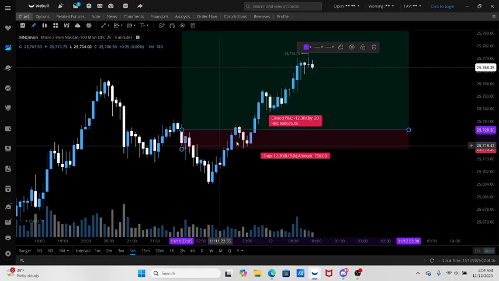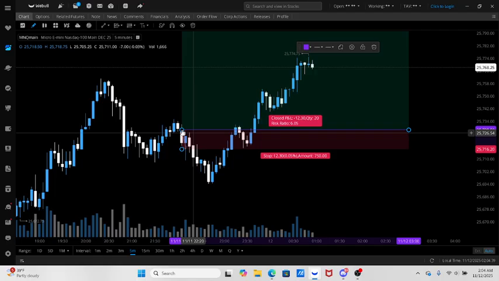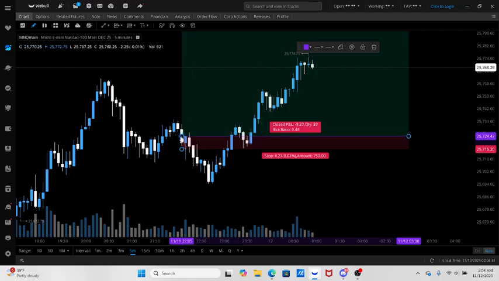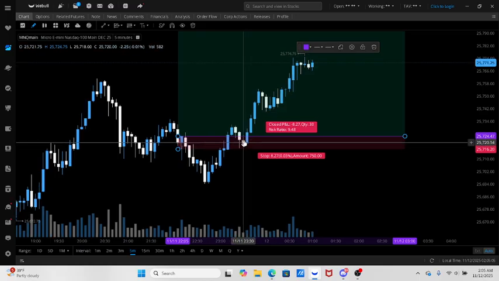Say you enter on this fair value gap and you're using the bottom of that as your stop. Those are times where you can enter a good amount of contracts, like 10 contracts or something, as long as you have an adequate account balance. Go ahead, enter 10, 15, 20 contracts.